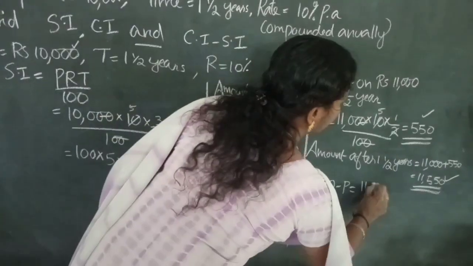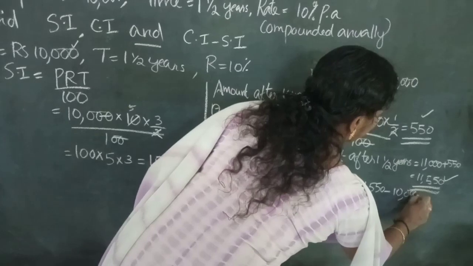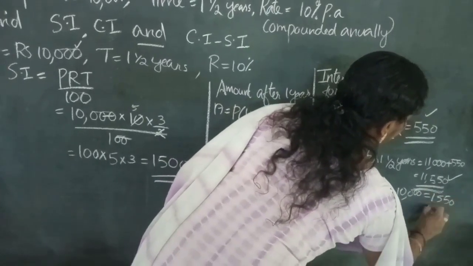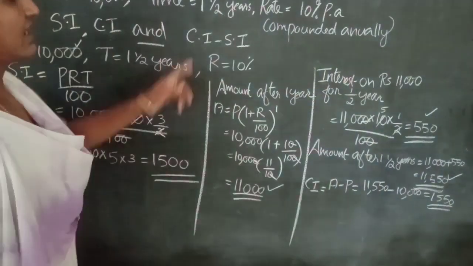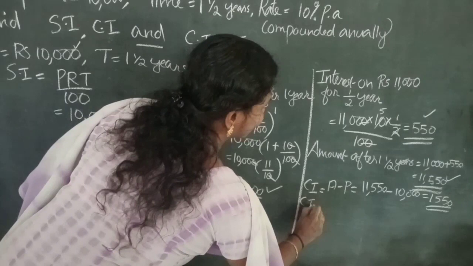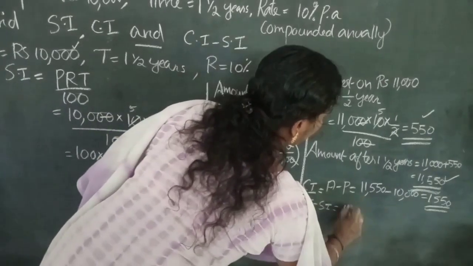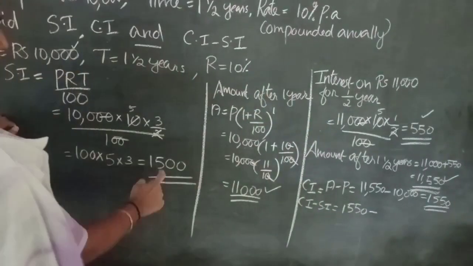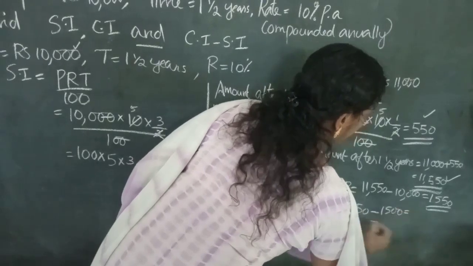So 11,550 minus 10,000 is equal to 1,550. So CI is equal to 1,550. After that, CI minus SI. CI is equal to 1,550 minus SI. SI is 1,500. 1,550 minus 1,500 is equal to 50.